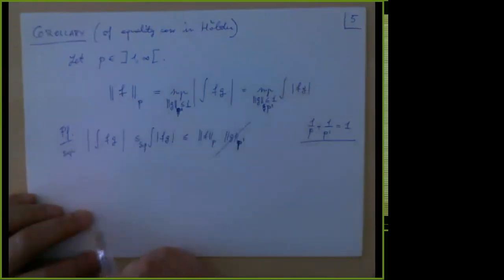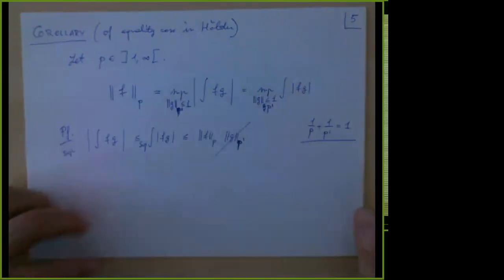So we only then need to prove the other implication, but the other implication is proved simply if we exhibit a g which attains the supremum, right? But this is pretty much the same that we have done in the previous step.